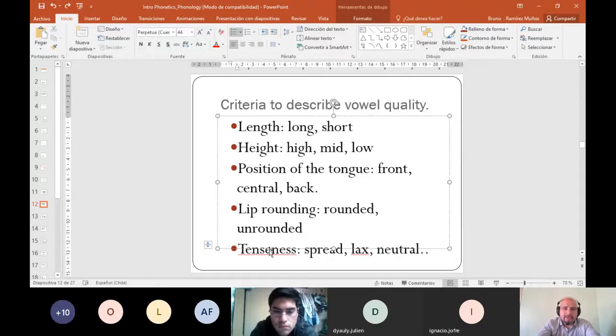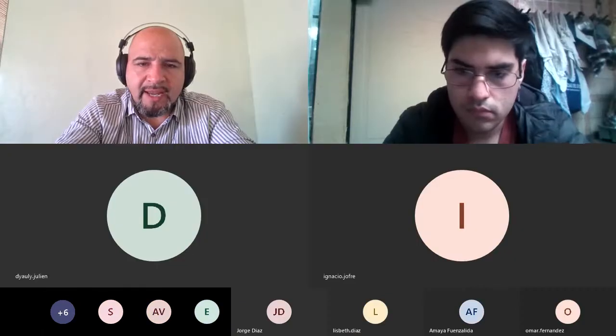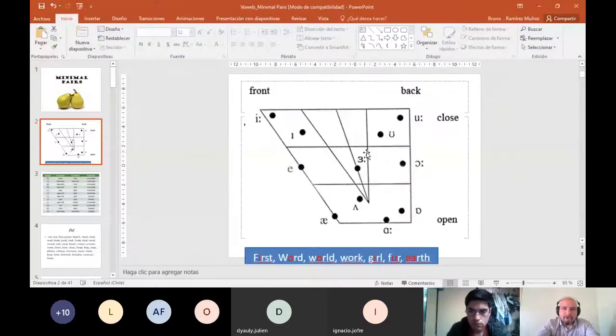Okay, so in connection with these, I want you to focus on the description of /ɜr/ as in fur, girl. In terms of position of the tongue, this would be a what do you think?